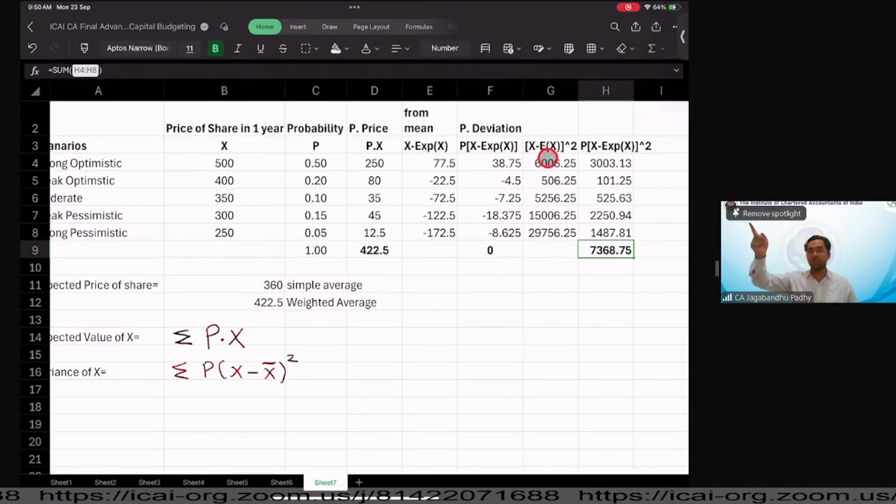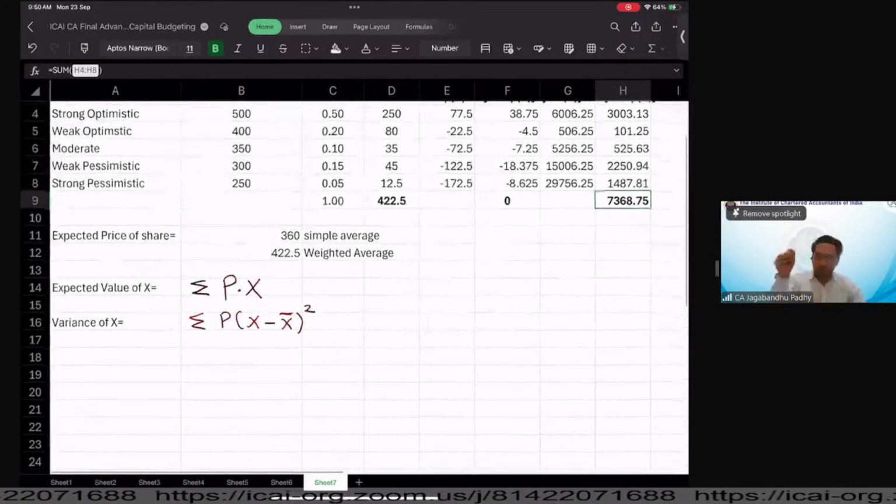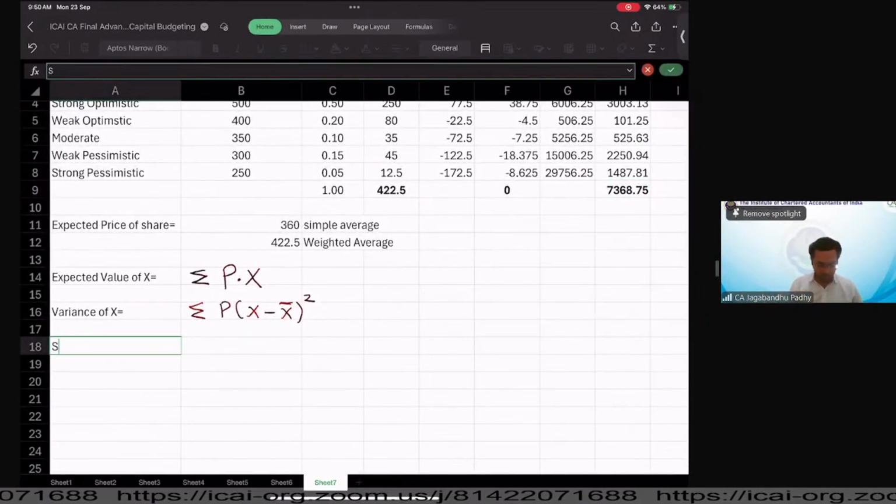The squaring that we have done has to be brought back to the original level. So how do we get it back to the original number level? Square root, perfect. And that square root term is what we call standard deviation.